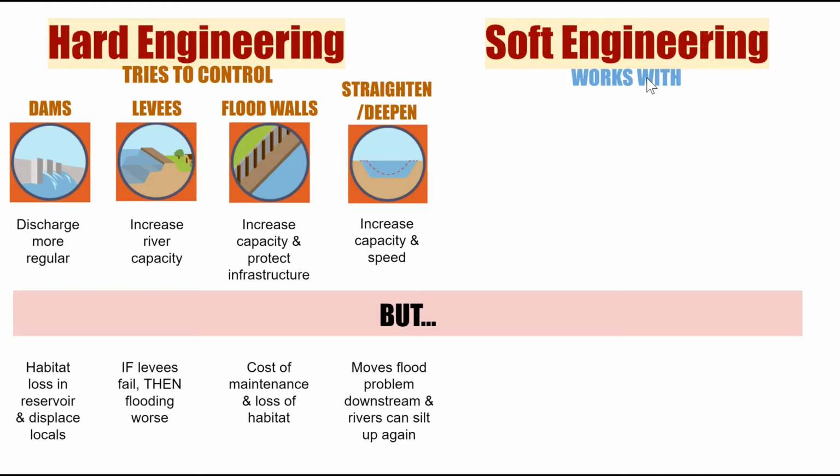That's what we're going to move on to in the next video: all the soft engineering methods that work with the natural processes and try to get some flood reduction benefits from it, but also try to do so in such a way as to protect the environment and look after the people as well. In other words, to make them more sustainable. And they're coming up in the next video.